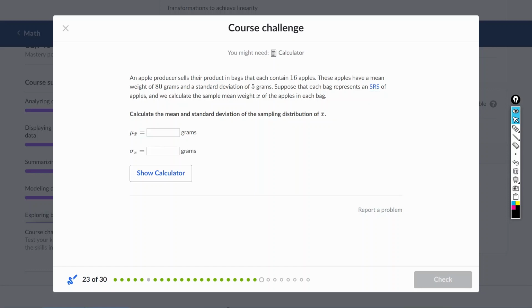好的。An apple producer sells their product in bags that each contain 16个 apples. These apples have a mean of 80 and a standard deviation of 5.